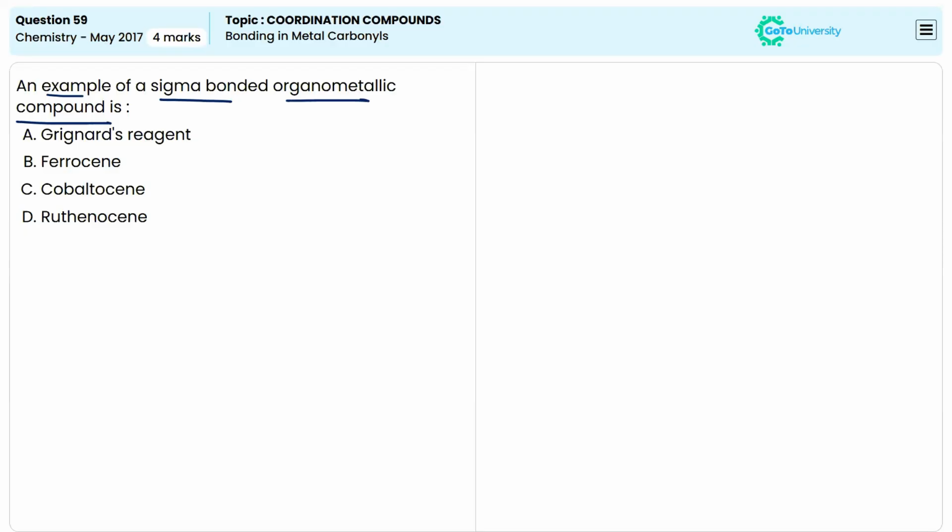From the name itself, it is clear that there will be some organic group and some metal, and there will be a metal carbon bond as well. So organometallic compounds contain a metal carbon bond. That is the important thing.